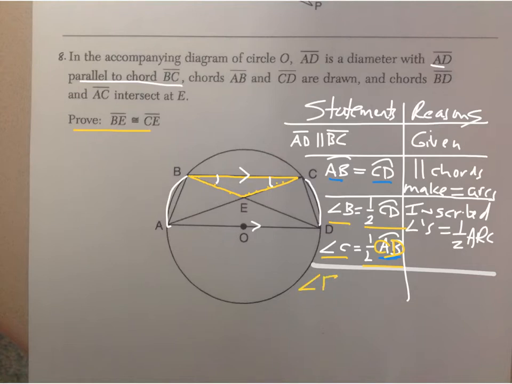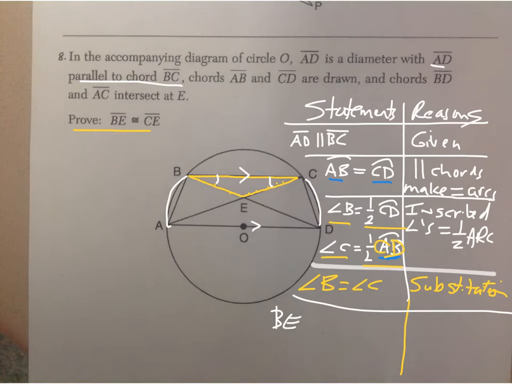And since that's true, angle B is equal to angle C. So we could just do one substitution to explain it, or more than one if you wanted to substitute it piece by piece. Which brings us to our final conclusion that BE must be the same as CE. If two angles are the same in a triangle, then it's isosceles and two sides are also equal.